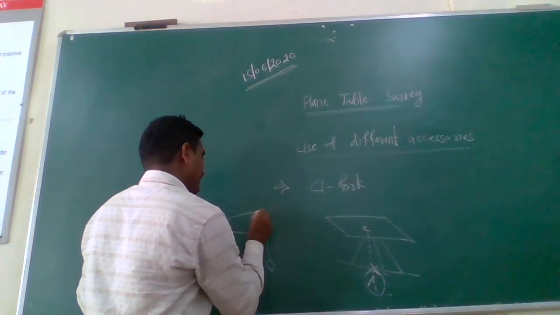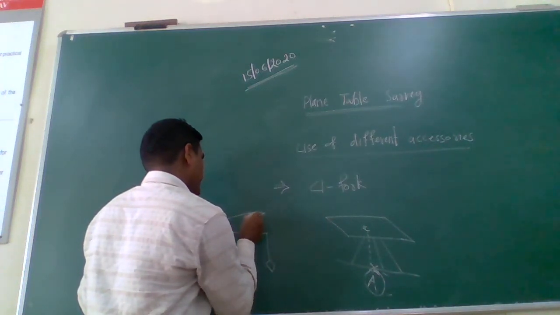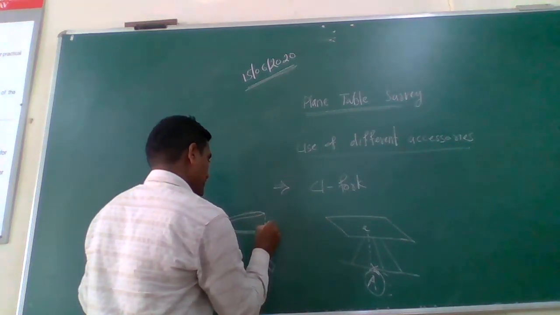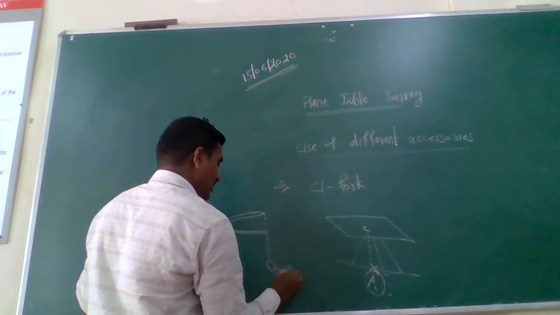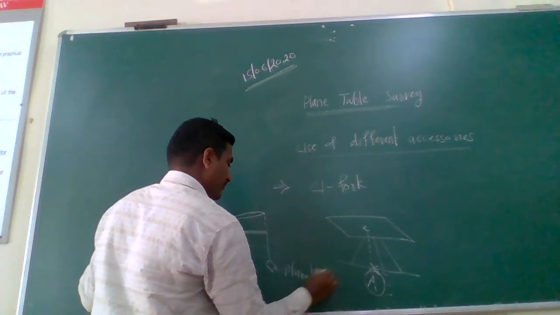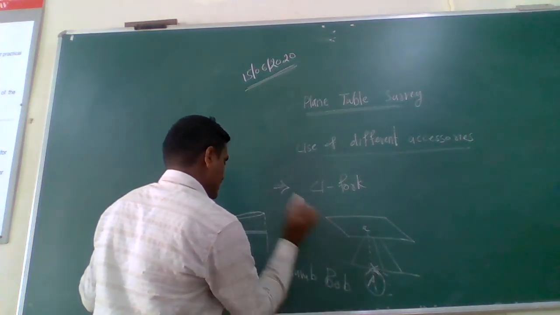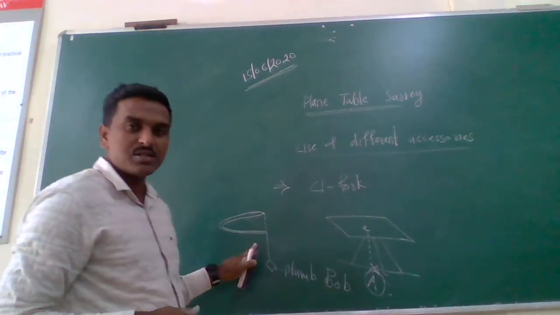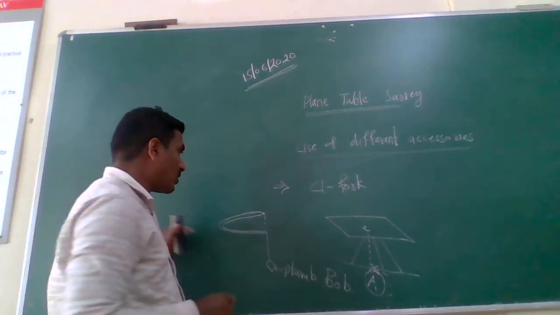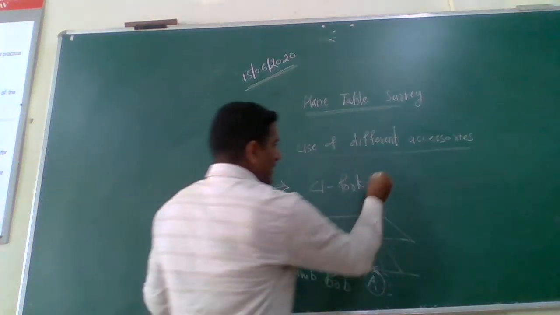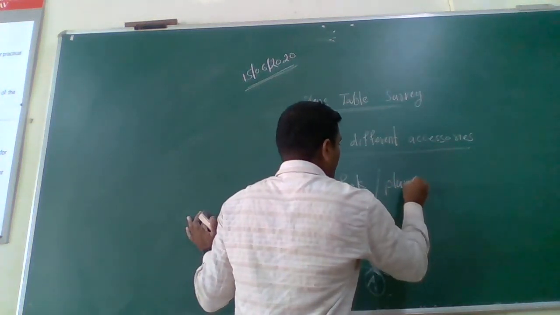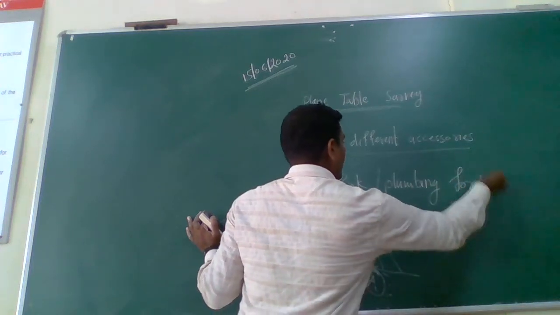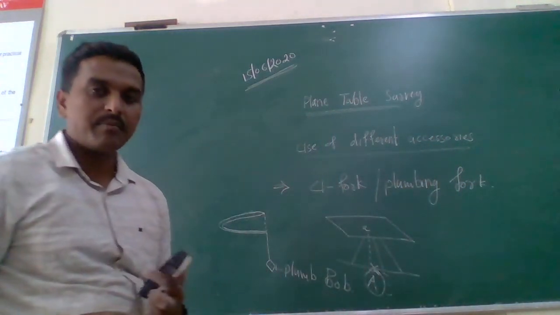Okay. Here is a plumb bob. Okay. So this accessory is known as the U fork or plumbing fork.